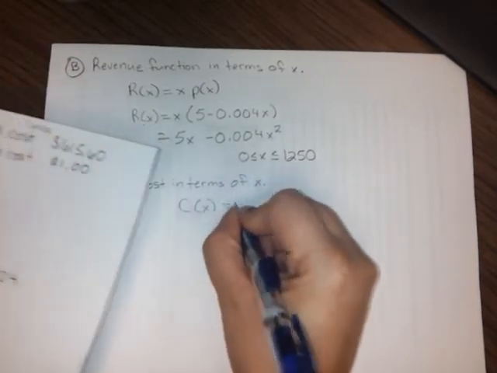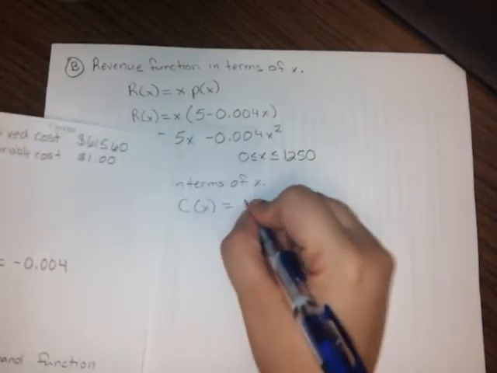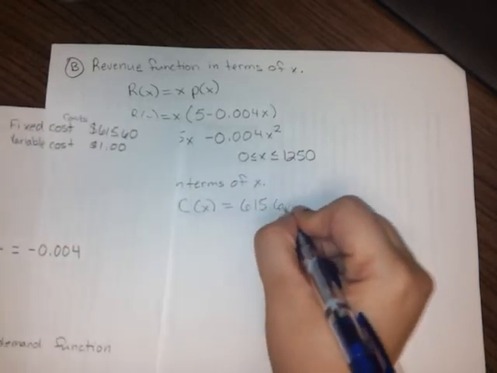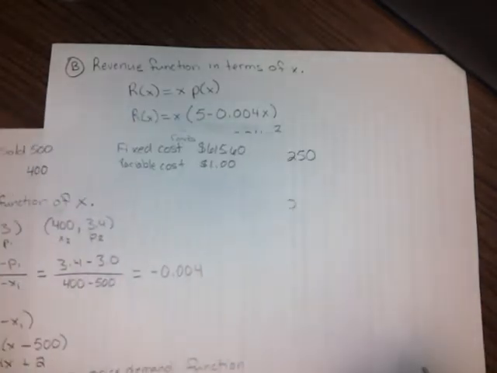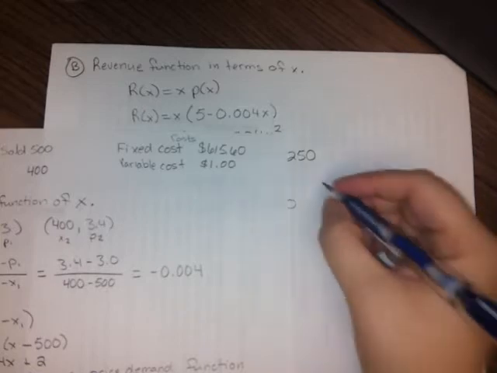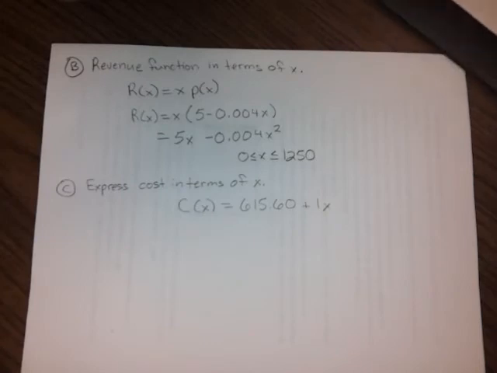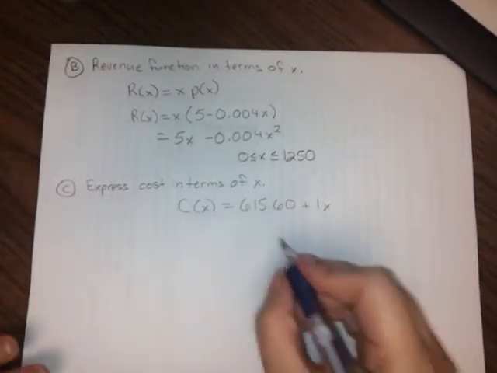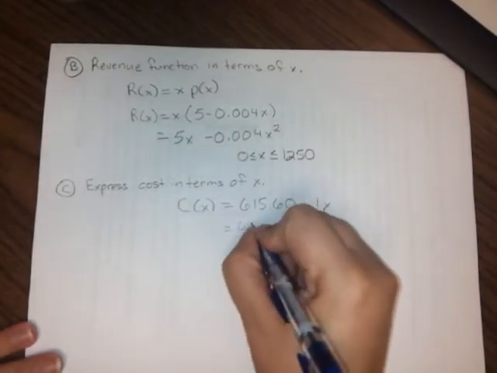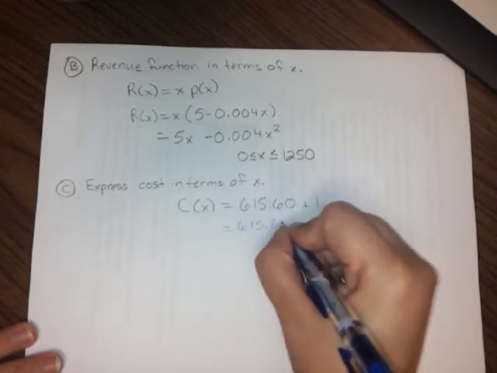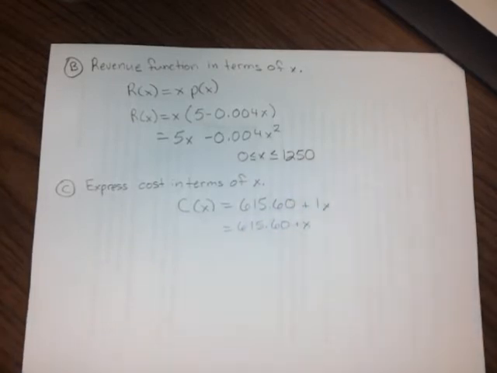So C of x is going to be our fixed cost, that's $615.60 that they have to pay every single night that they run the concession stand, plus 1 times x, $1 for every hamburger that they sell. So that's our cost function. I guess we could simplify that a little bit: $615.60 plus x.